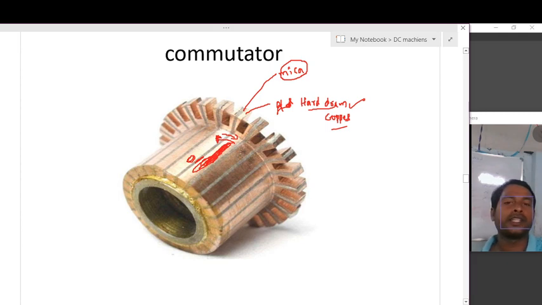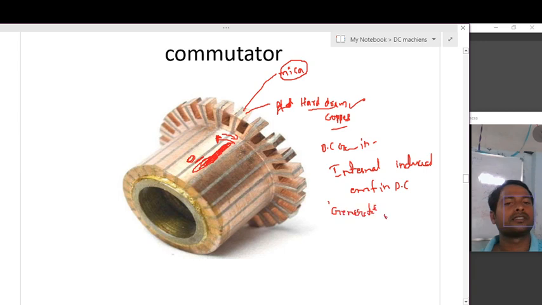Actually, the induced EMF in a DC generator is internally AC. Whatever induced EMF is generated internally, and whatever current is circulating internally in the DC generator, is nothing but AC.